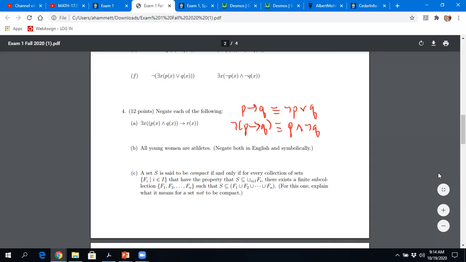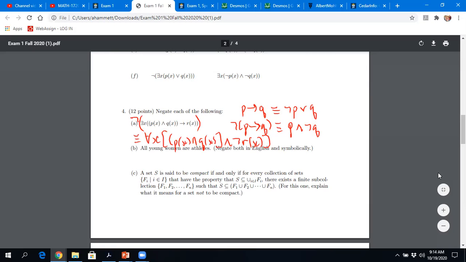So if I want to negate this thing, if I want to negate this guy right here, first of all, that there exists would become for all x, what? For all x, P of x and Q of x, okay, it's that and what? Not R of x, okay?